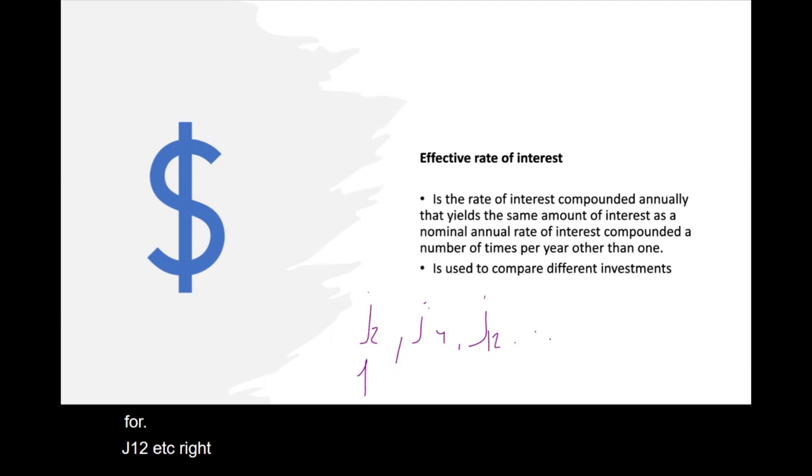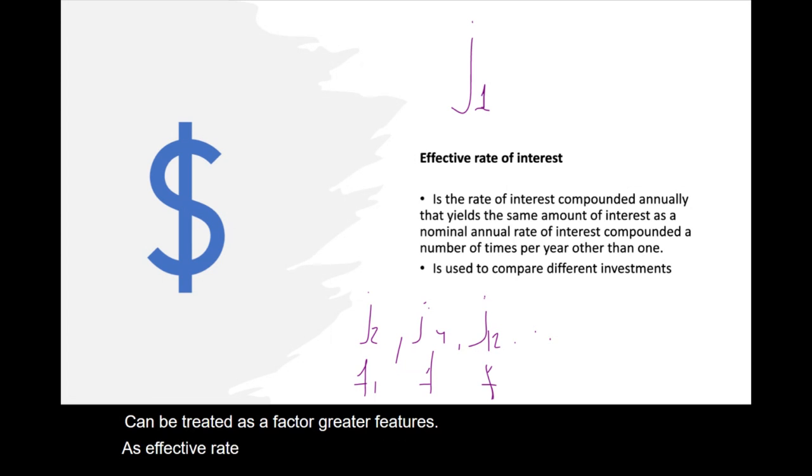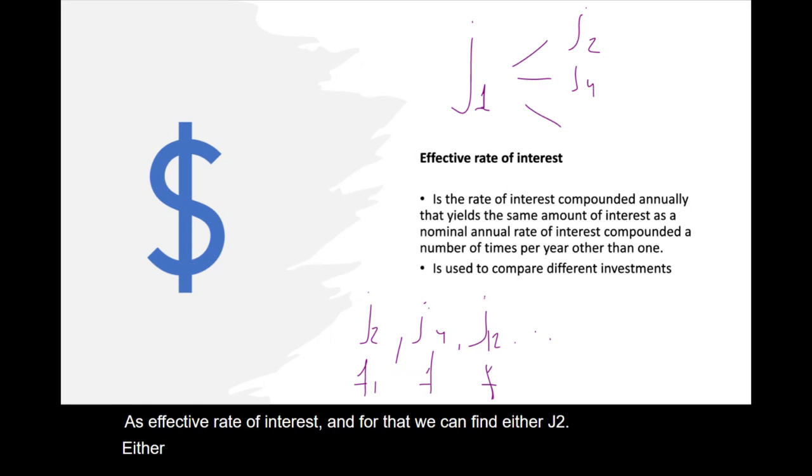For each of them, I will have their own effective rates. And in reverse, any J1 can be treated as an effective rate of interest, and for that we can find either J2, J4, J12, etc. Okay? Is that clear, guys?